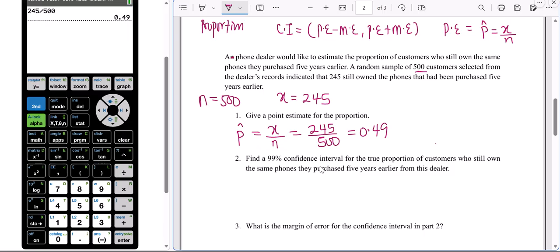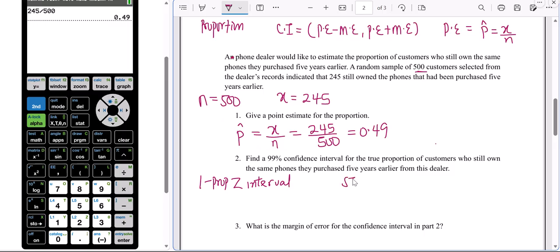Now, give a 99% confidence interval for the true proportion of customers who still own the same phone they purchased 5 years earlier from this dealer. To do this, we're going to be using 1-PropZInt, because here we are working with just one proportion.